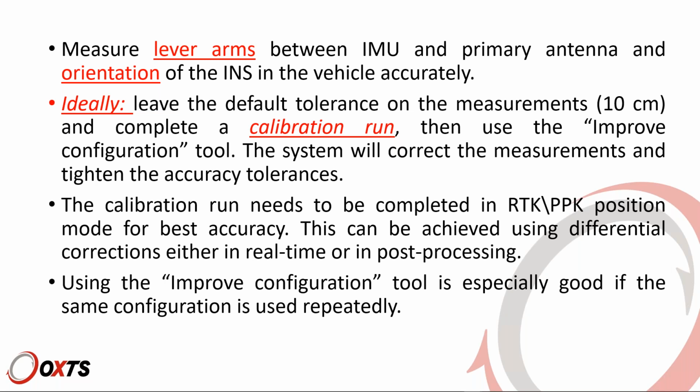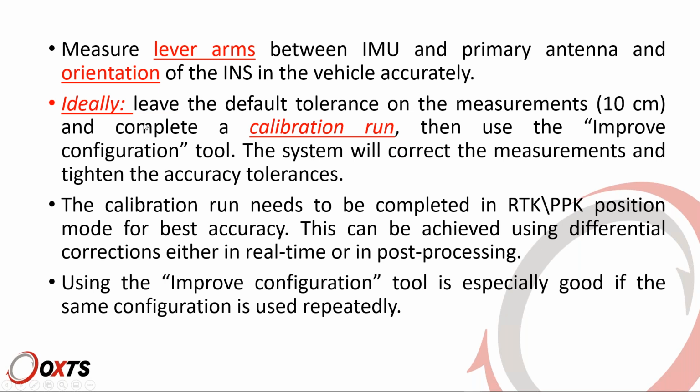So orientation of the INS in the vehicle and the lever arms between primary antenna and IMU have to be measured accurately. The ideal way of doing that is to do your best to measure those distances and orientation. Distances, say, within 10 centimeters, and orientation within 5 degrees.